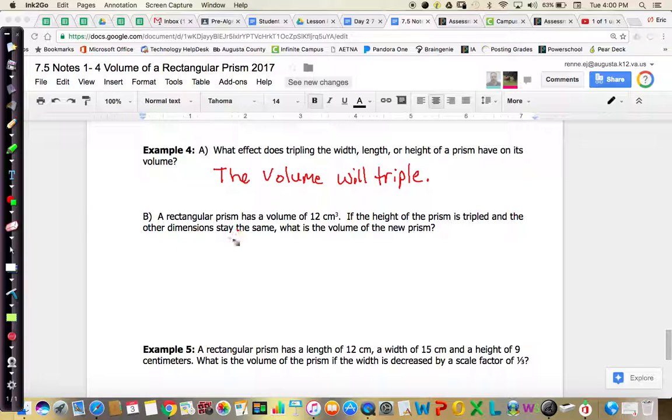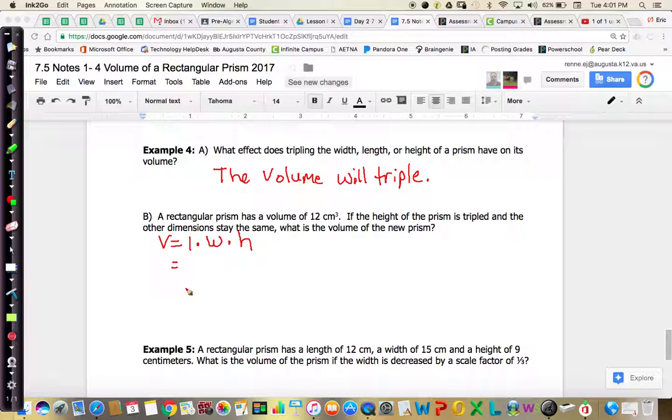The first way is if we know the rectangular prism has a volume of 12, we can make up our own measurements. So the formula is length times width times height. And I know that I have to think of three numbers that multiply to give me 12. So I can use any three numbers that multiply together to give me 12.